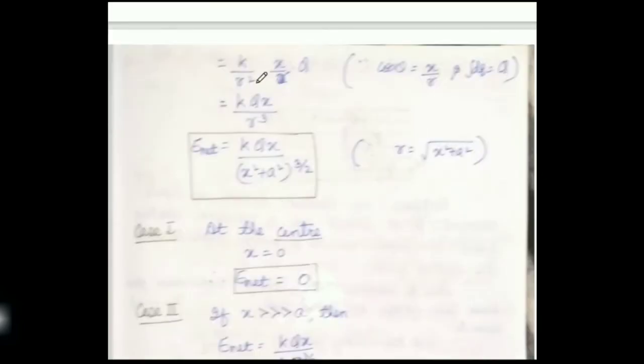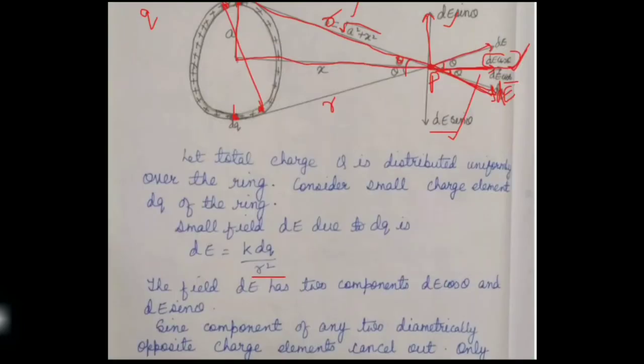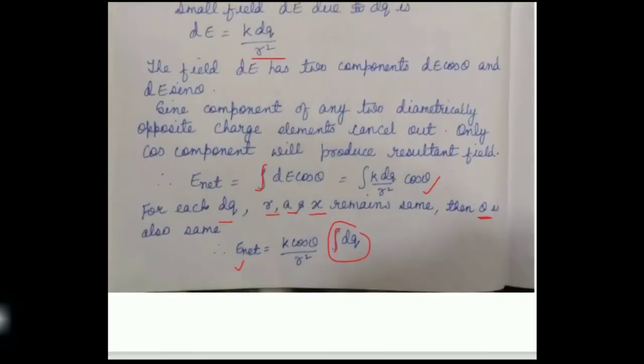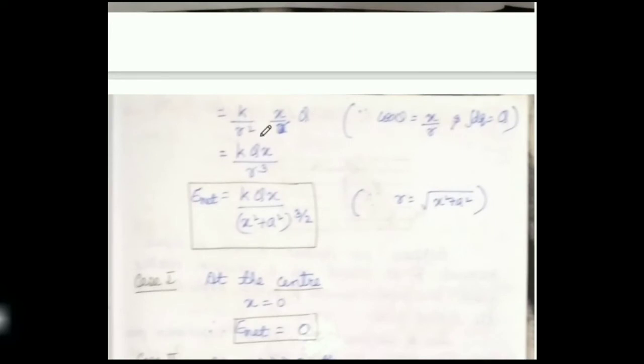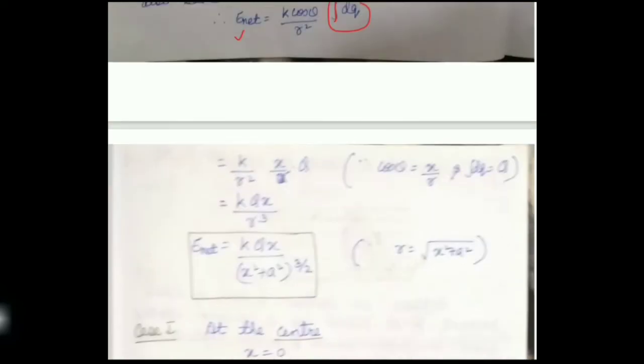So your answer becomes, and what is this cos theta from the figure? From this figure, cos theta is x by r, right, base by hypotenuse. The photo is not so clear. So here E net is K by r square; in place of cos theta you write x by r, and dq integrates to charge Q. So it becomes K Q x by r cube, and r is under root x square plus a square.